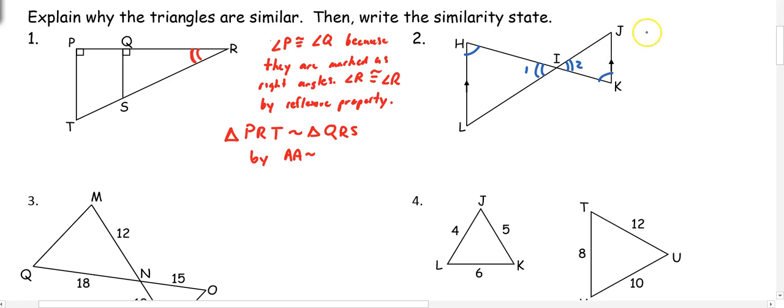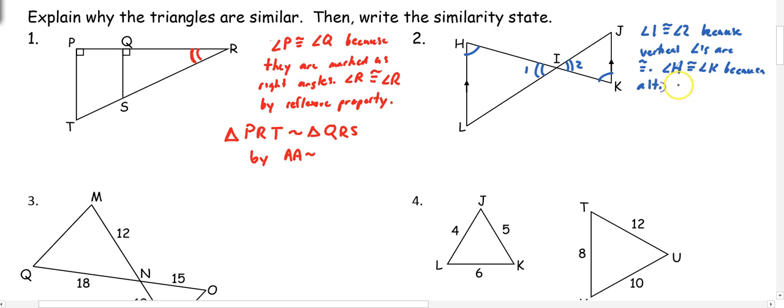Now when we explain, we would say that angle 1 is congruent to angle 2 because vertical angles are congruent. And then we could say that angle H is congruent to angle K because alternate interior angles are congruent when lines are parallel.